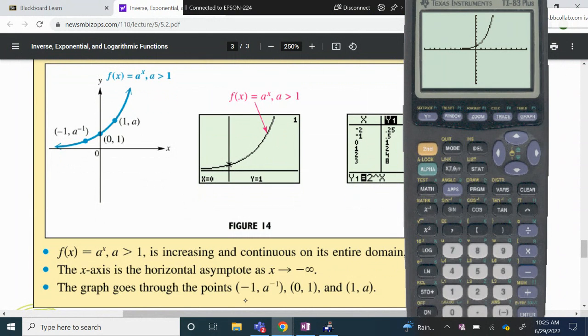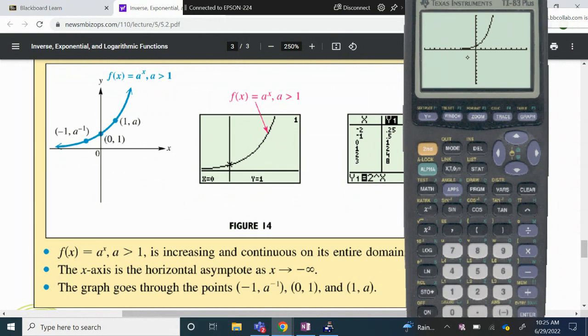So the first point that would have to fall on this line is negative 1 comma a to the negative first power. So that would be negative 1 comma 2 to the negative 1 power, and 2 to the negative 1 power is actually 1/2. So I would have the point negative 1 comma 1/2 on this graph.